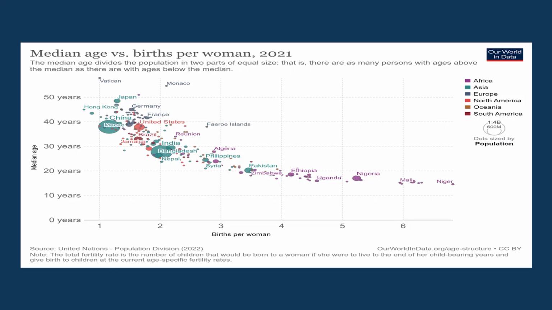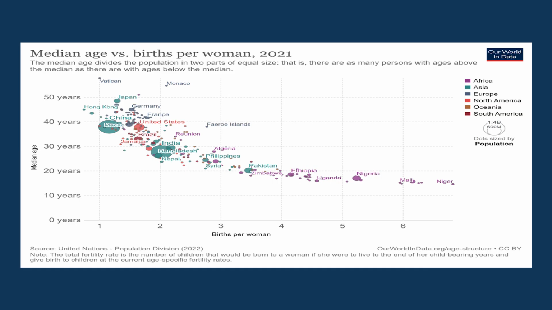Now let me present an interesting relationship between median age and births per woman. This graph is representing that relationship for different countries, and here we can observe that Japan has a very high median age and a very low number of births per woman.